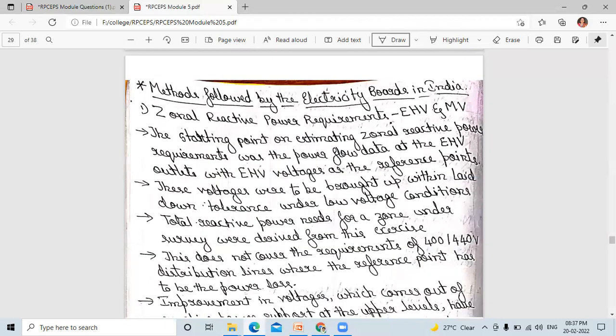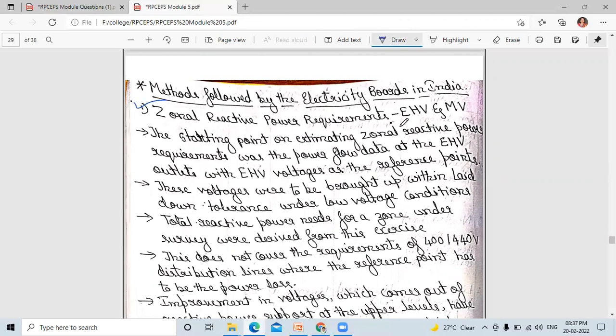This is the answer for that. Methods followed by the electricity boards in India. First is zonal reactive power requirements for high voltage and medium voltage.